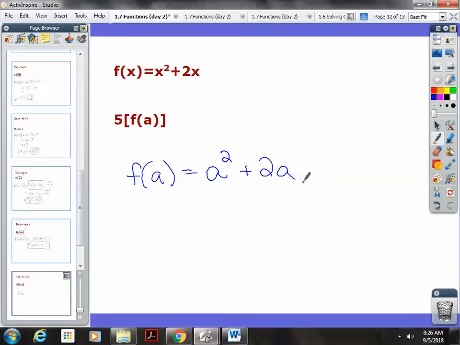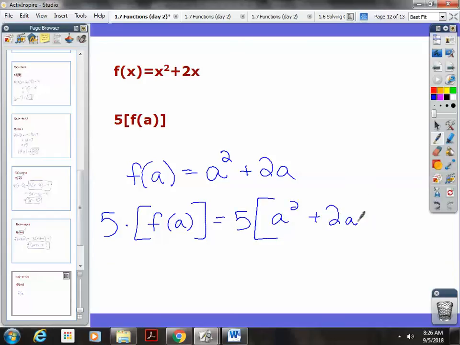And these aren't like terms, I can't combine them because we have a squared and we have a. Okay. Now the 5, when we throw that 5 into the mix, that simply means I'm going to take 5 times whatever f of a was. Well, what is f of a? A squared plus 2a.